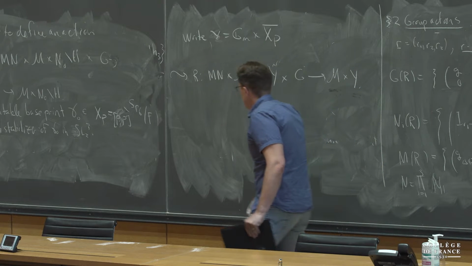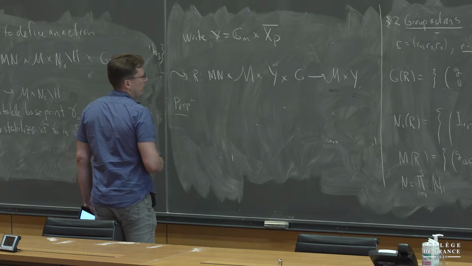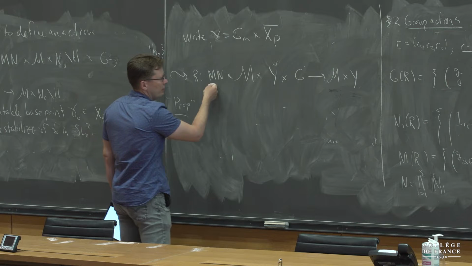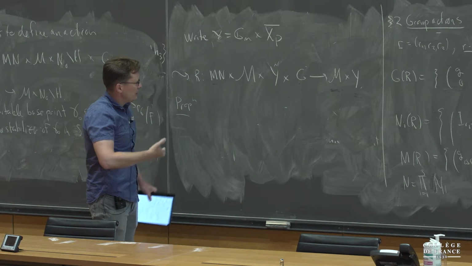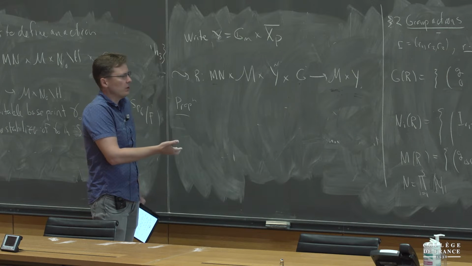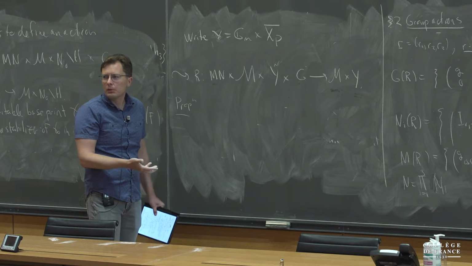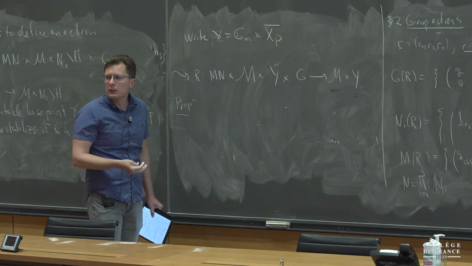Okay, so here's a proposition. One thing that's sort of funny about this is that neither this nor this are reductive groups, right? But you can still say what you would mean by a spherical variety under a non-reductive group. I mean, you still have a notion of a Borel subgroup, and you can say there's an open Borel orbit.